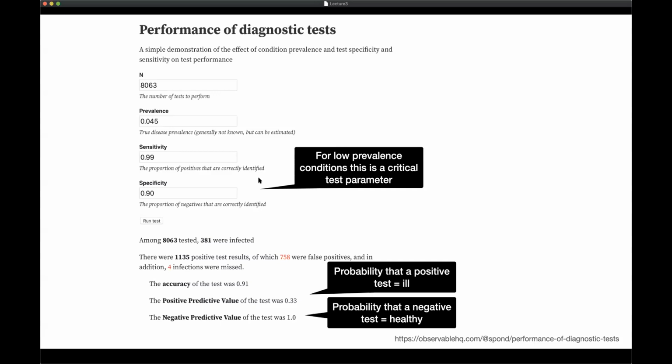And for low prevalence, if you go to 90% specificity, now the positive predictive value is only 1 in 3. So a positive result is actually more likely to be wrong than it is to be right.